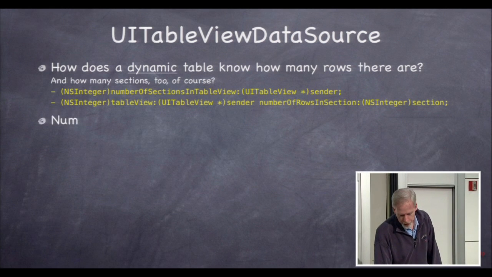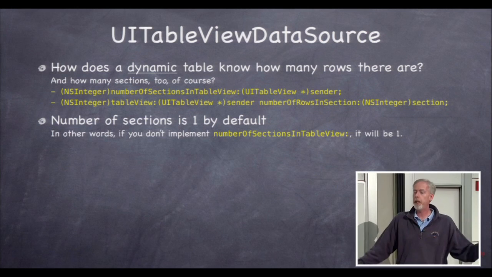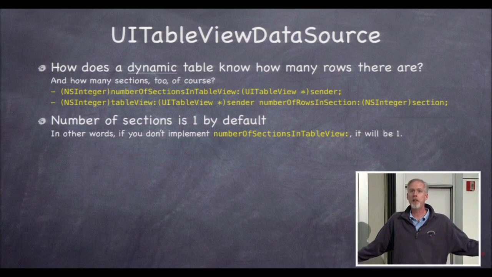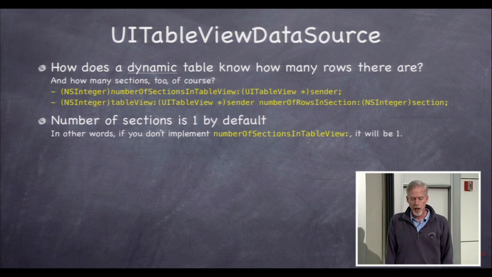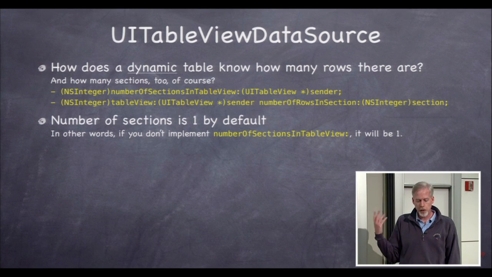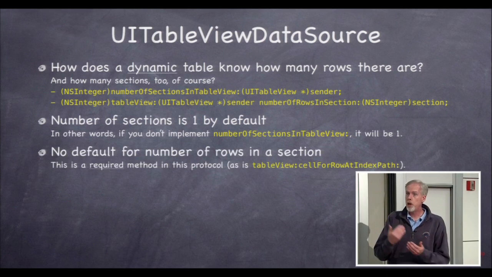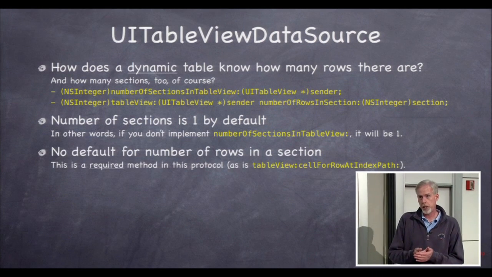Now, the section one, it's so common to have no sections, in other words, one big section, that if you don't implement number of sections in table view, it assumes it's one. Okay, so that's the default. However, there is no default for the number of rows in section.